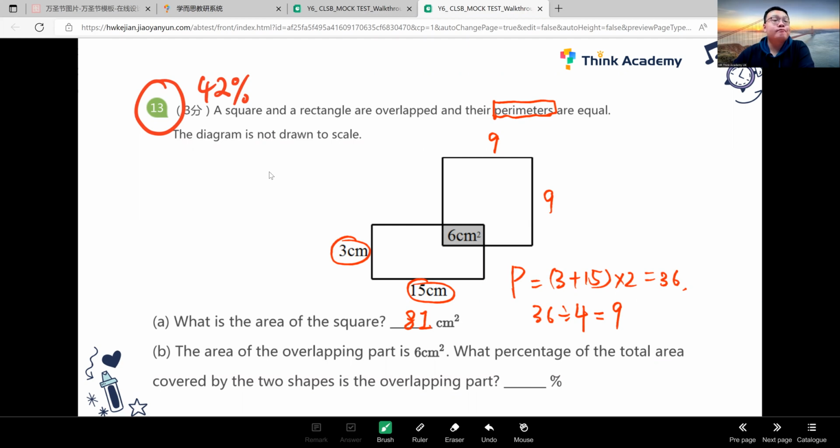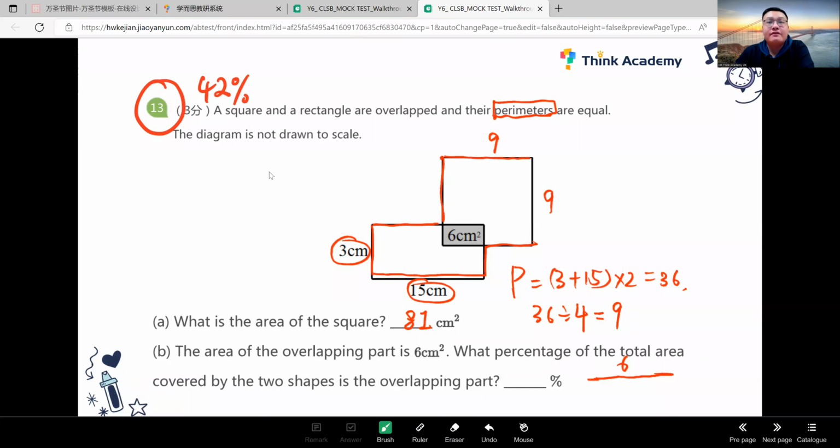Question 2. The area of the overlapping part is 6 centimeters squared. What percentage of the total area covered by the two shapes is the overlapping part? To get the answer, you use the shaded part, which is 6, divided by the area of the whole shape.